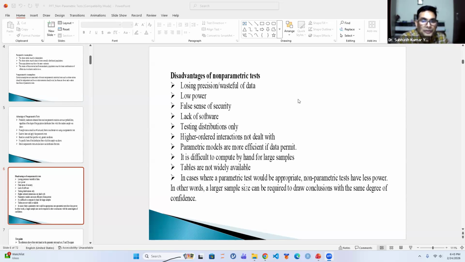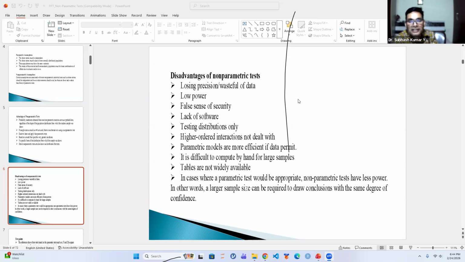Testing distributions only, higher order interactions not dealt with, and parametric models are more efficient if data permits. It is difficult to compute by hand for large samples, because it has a very complicated formula, so it is very hard to compute in numbers.